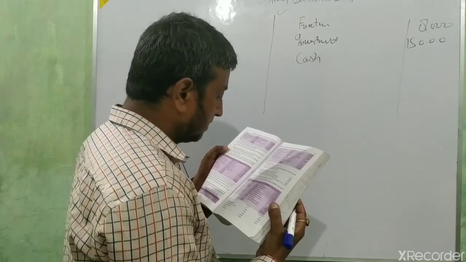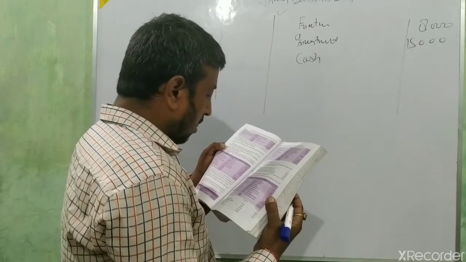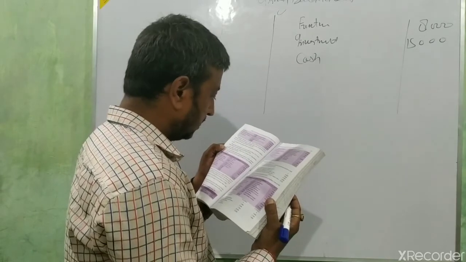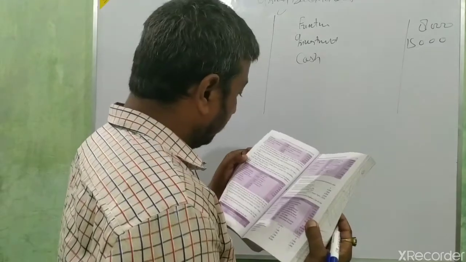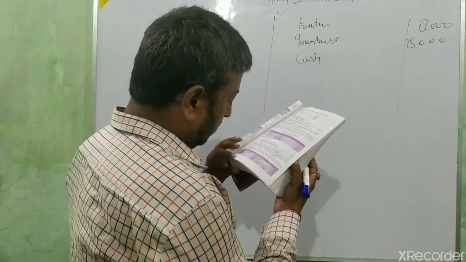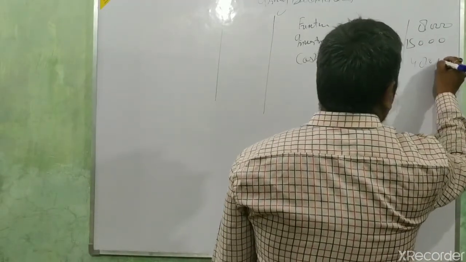Investment 15,000, furniture 8,000, and cash is 4,800.